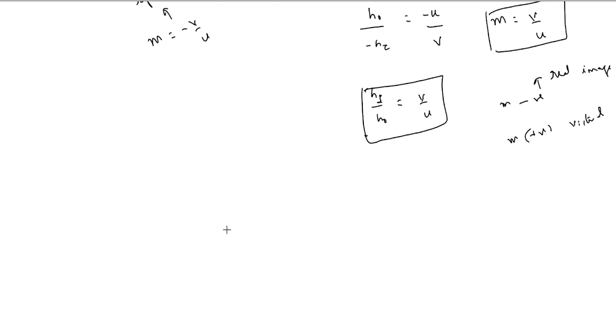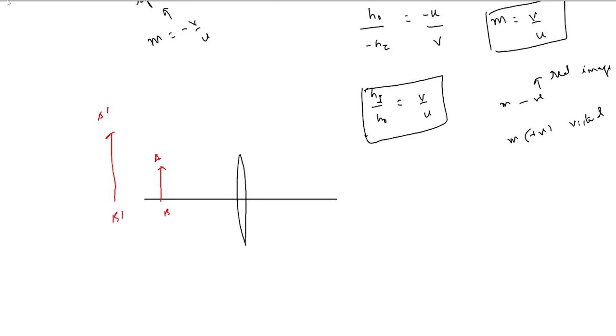Think of a case where we have a lens and somewhere here we place an object we call A and B, and somewhere here we get an image we call A dash B dash.